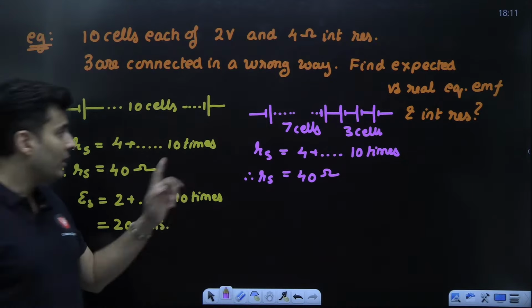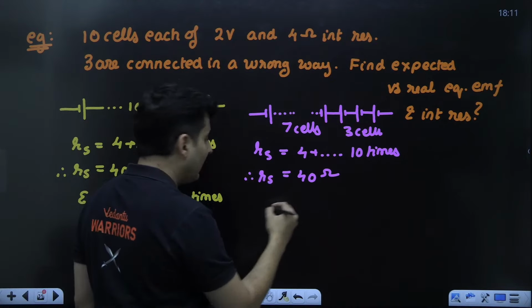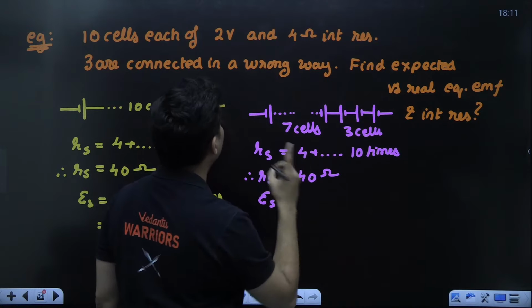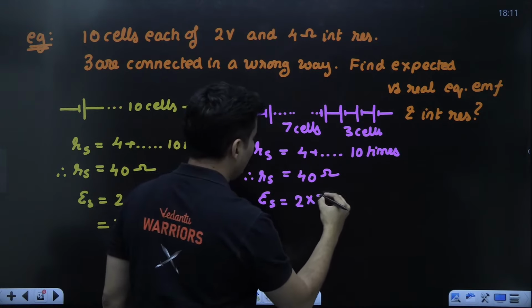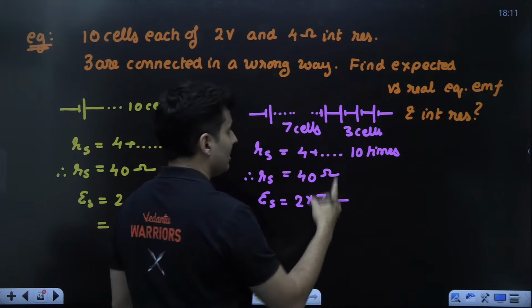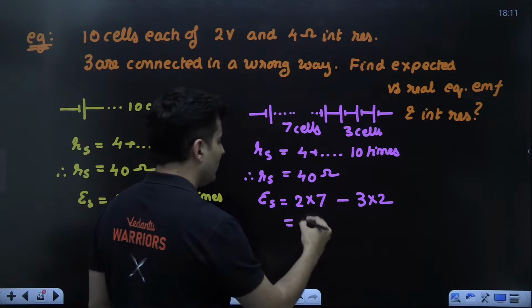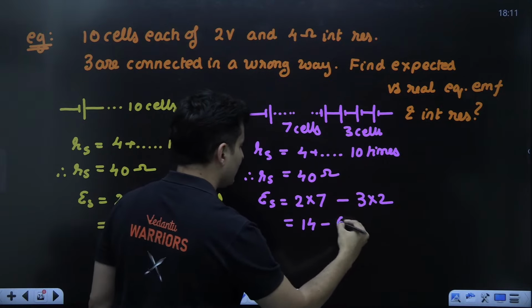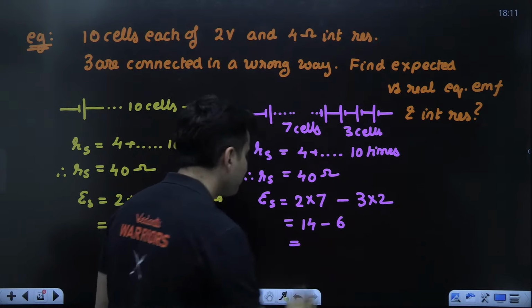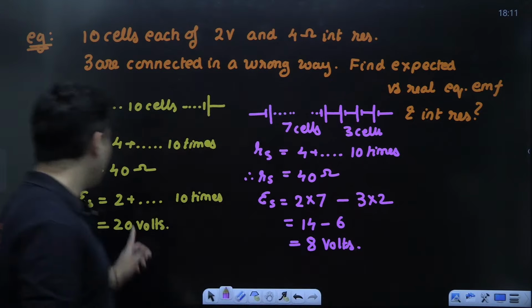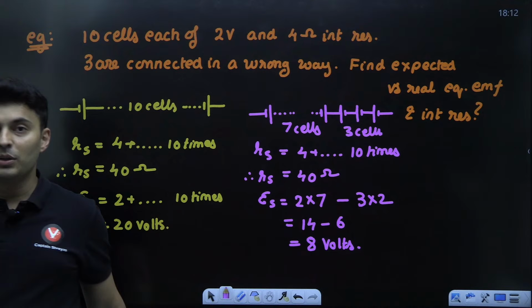But for EMF, definitely there will be a change. So ES will be, there are 7 such cells, each of 2 volts, so 2 multiplied by 7, minus 3 cells of 2 volts each. That's it. 7 twos are 14 minus 6. This will be basically 8 volts. So instead of 20, what you are getting now is 8 volts.